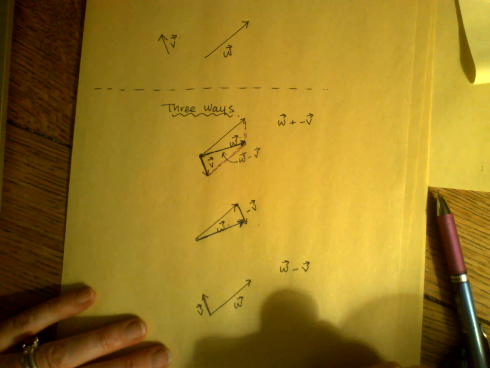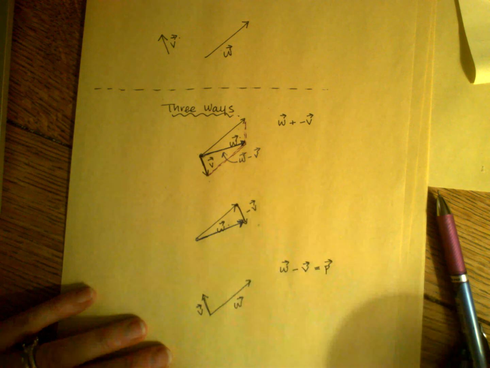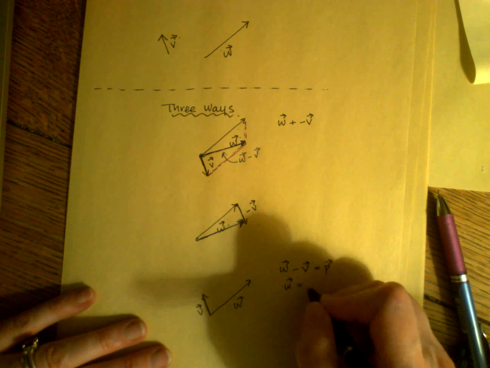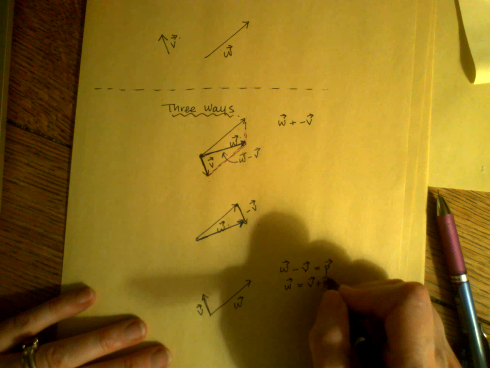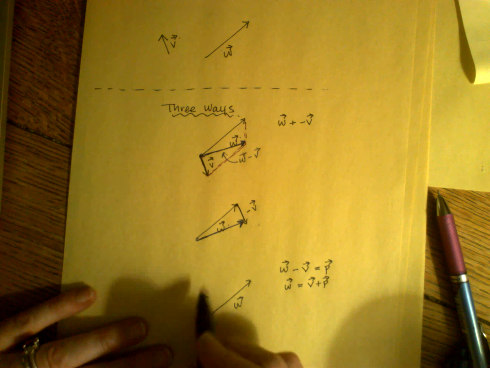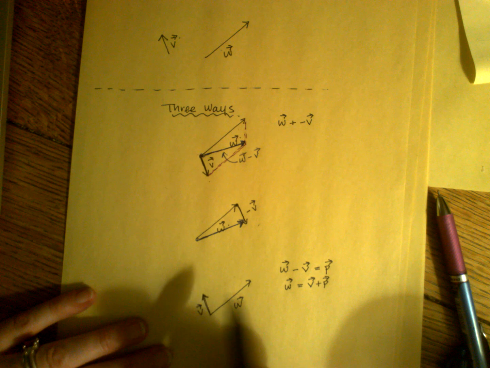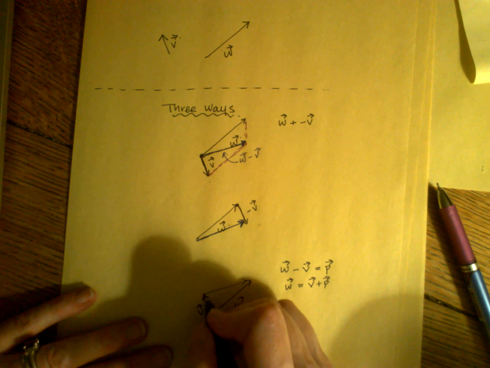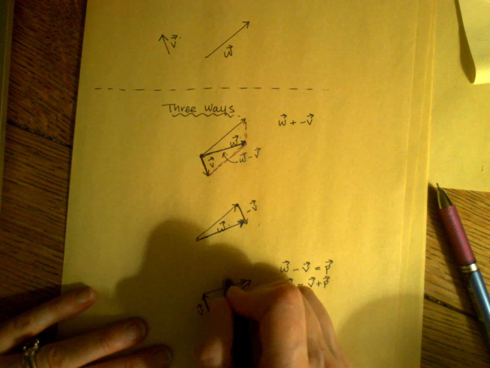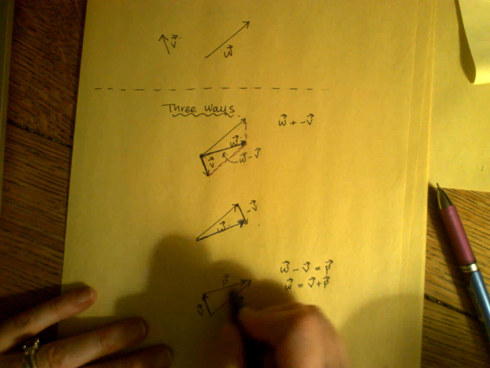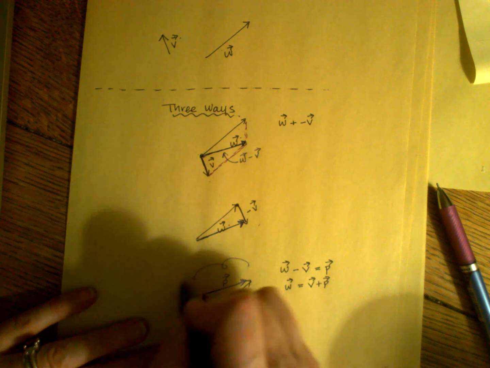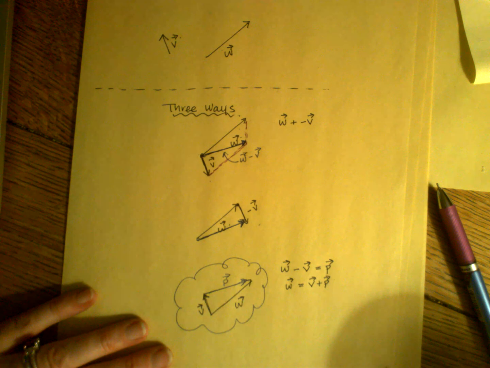I'm going to call W minus V a new vector P. What that means is that when I take V plus P, I get W. So it must mean that when I put a new vector at the head of V and go towards W, I'm going to get W. V plus P is going to equal W. And so this is W minus V. The P is the W minus V.